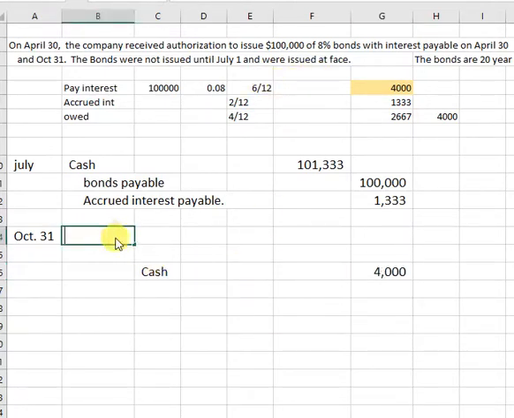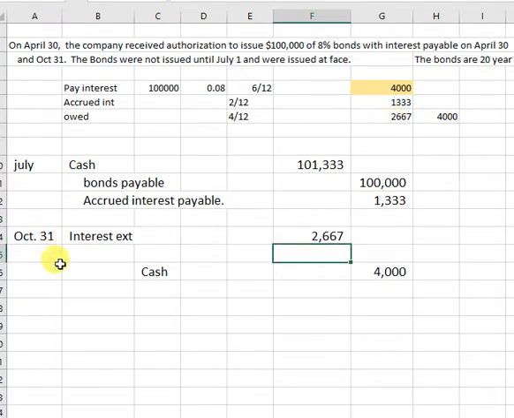But I have interest expense, or bond interest expense, your book calls it, of the 2,667, and then I have my accrued interest payable of the 1,333.